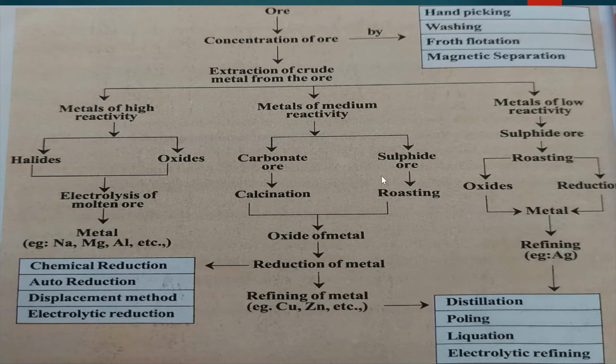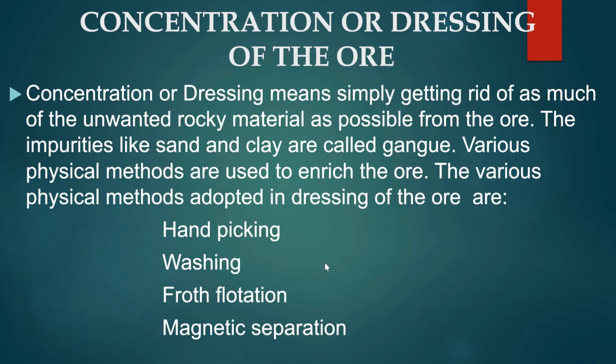When carbonate ores are calcined and sulfide ores are roasted, we get the oxide of the metal, which is further reduced.